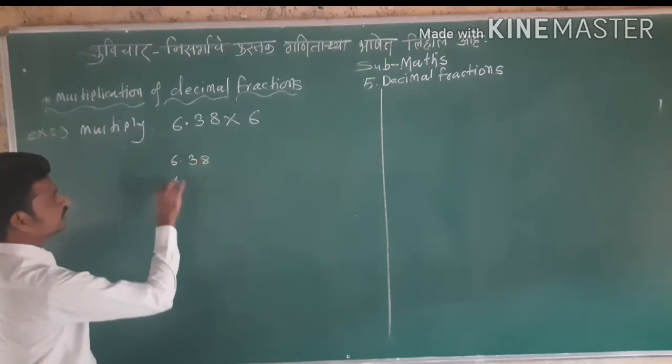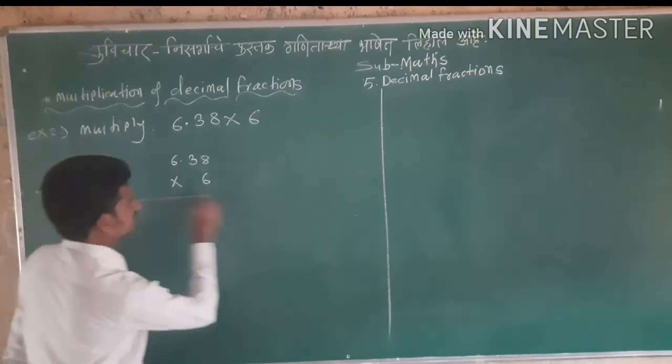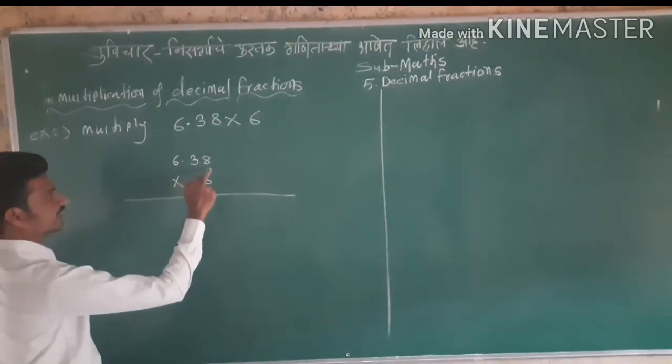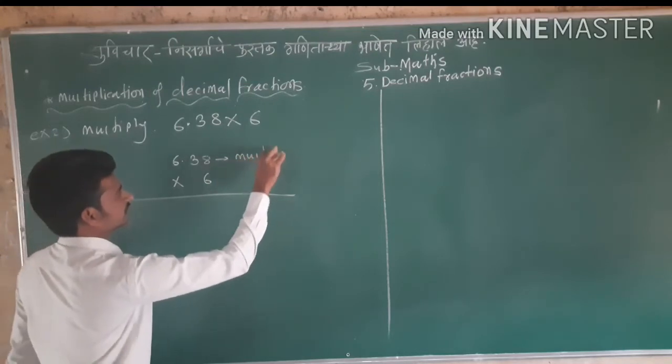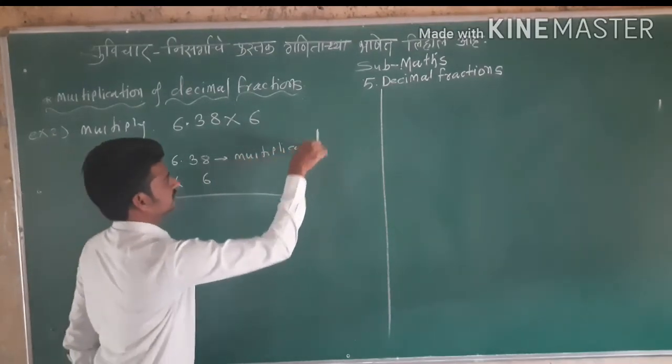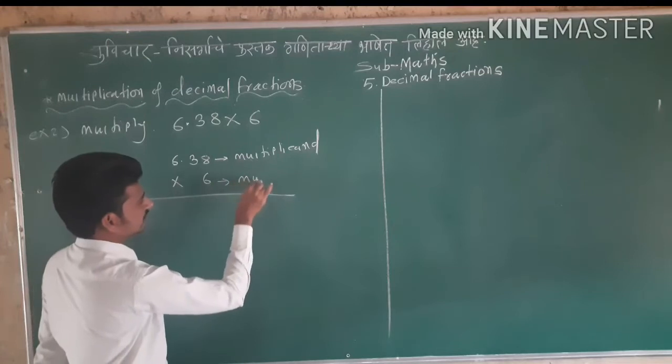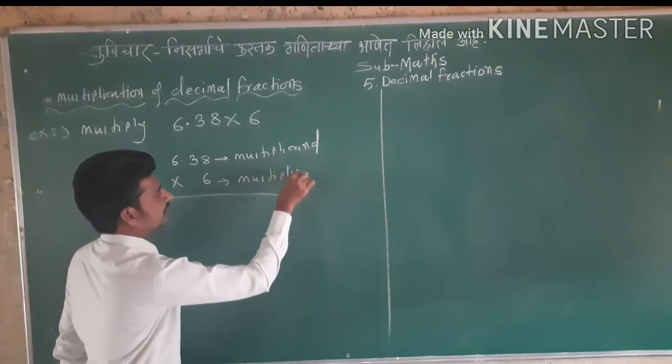6.38 into 6. Now 6.38, that number is said to be the multiplicand, and that number is said to be the multiplier.